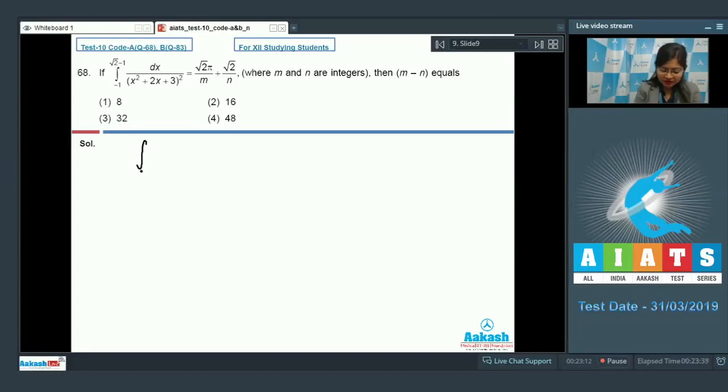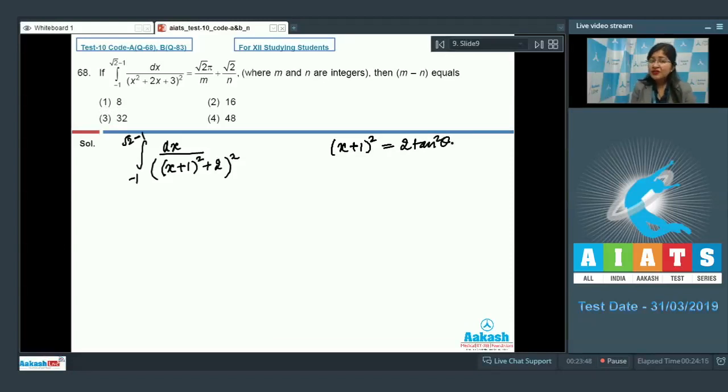Now here we can write it as the integral dx upon, making it a perfect square, (x + 1)² + 2 whole square, and the integral is from -1 to √2 - 1. To solve such types of integrals, we can put (x + 1)² equal to 2 tan²θ.